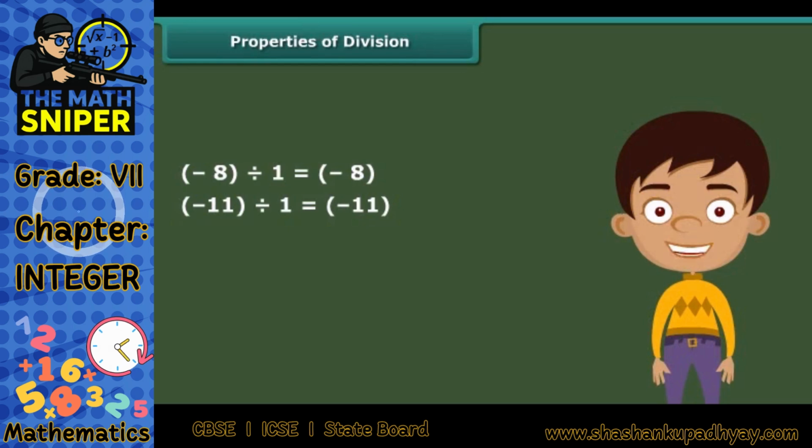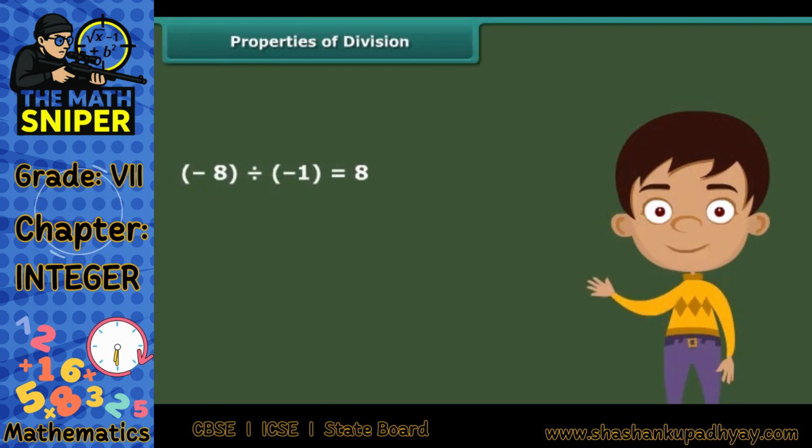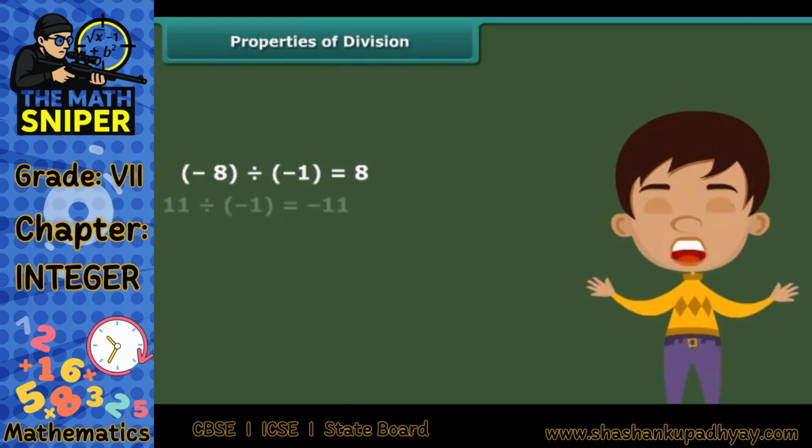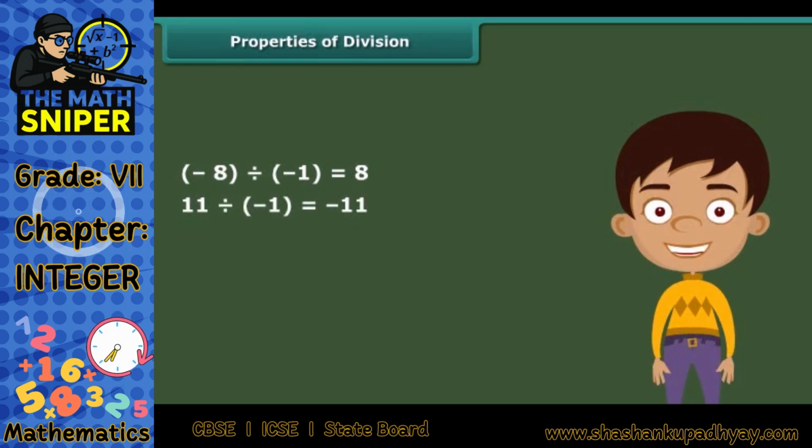Minus 11 divided by 1 is equal to minus 11. But if any integer is divided by minus 1, it does not give the same integer. For example, minus 8 divided by minus 1 is equal to 8. 11 divided by minus 1 is equal to minus 11.